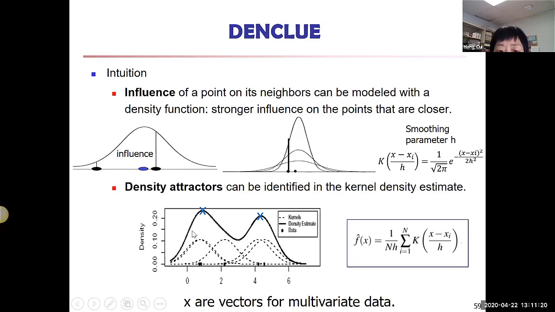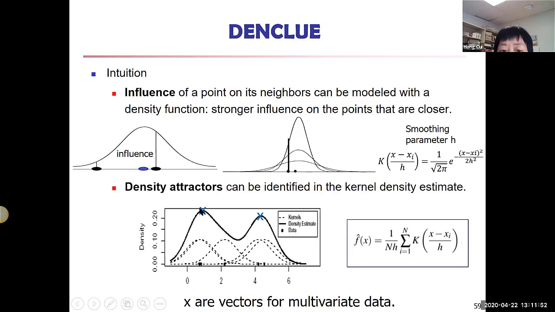So earlier we talked about this, and we had a question whether those tips of the hill will all be considered as a cluster. In DenClue, a concept called density attractor is defined. The attractors are basically some peaks.